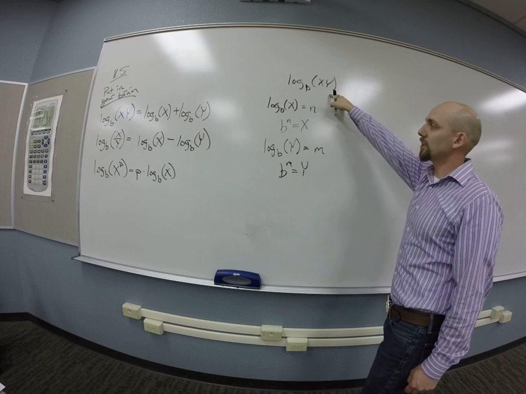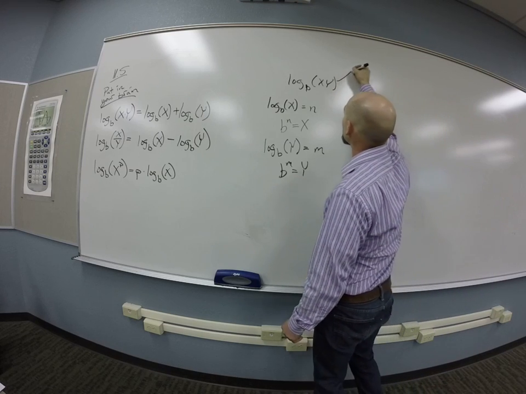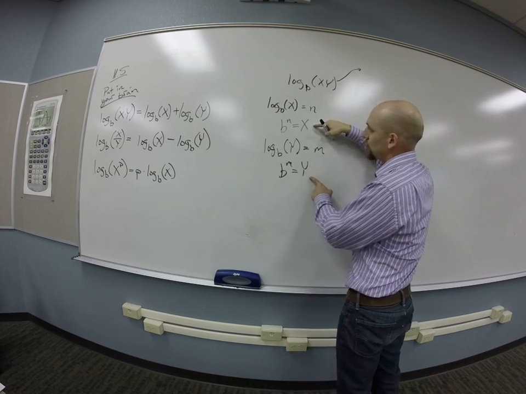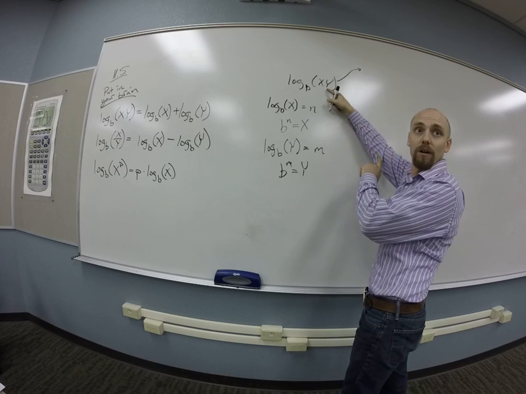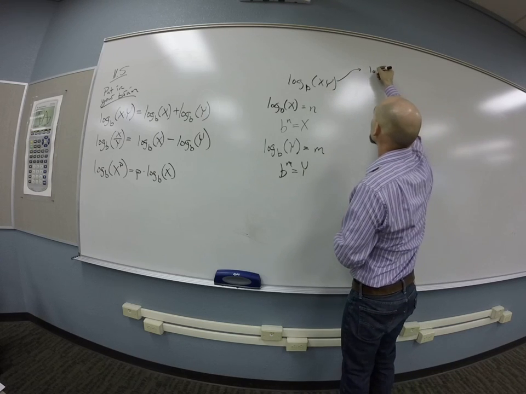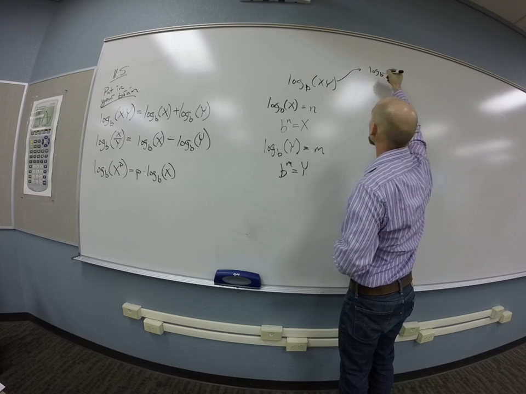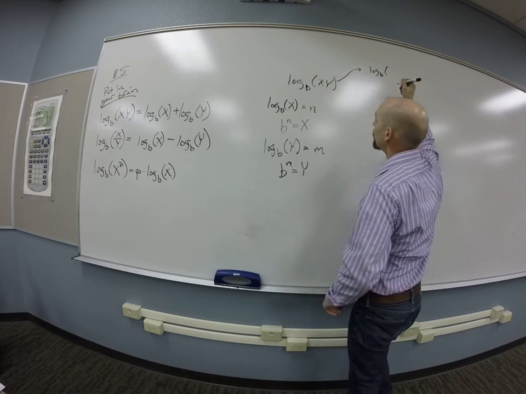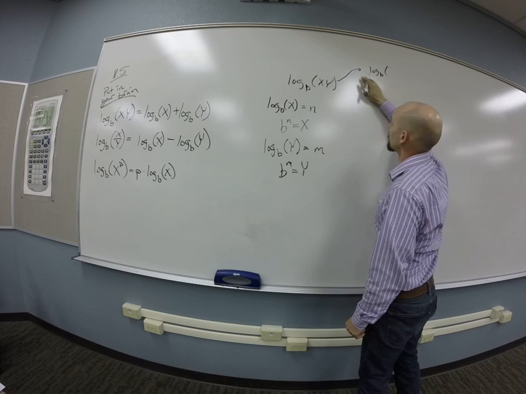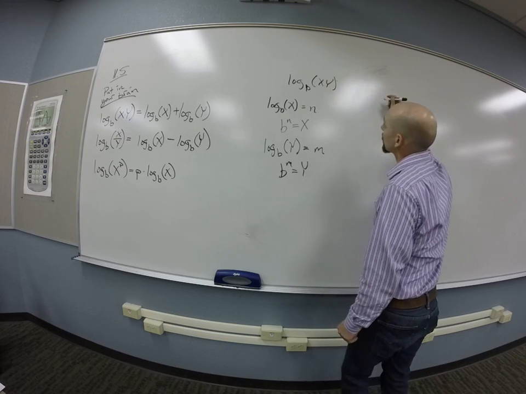I can think about this in two different ways. The first way is I could just stick these two guys in for x and y there, right? So I've got log base b of, actually maybe let me just write this.